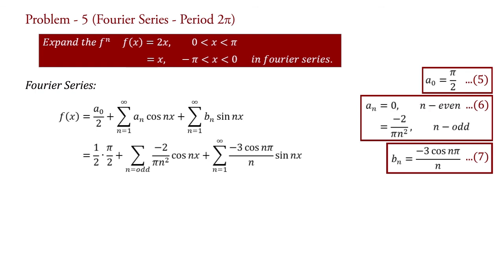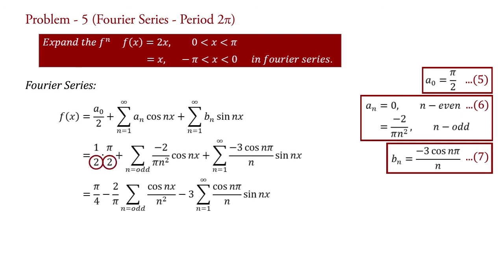Here for even value of n, an equal to 0, so here we write n equal to odd. Therefore f of x equal to pi upon 4 minus 2 upon pi summation n equal to odd cos nx upon n square minus 3 summation n equal to 1 to infinity cos n pi upon n into sin nx. Here 2 twos are 4, and here minus 2 upon pi is taken outside the summation, and here minus 3 is taken in front of summation.